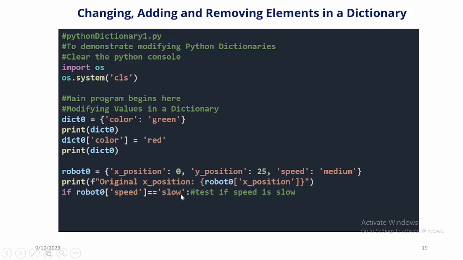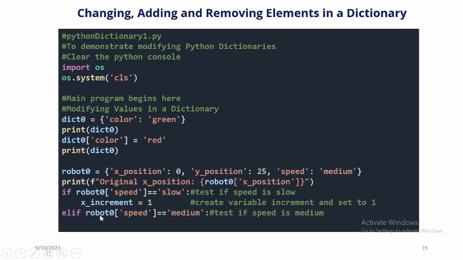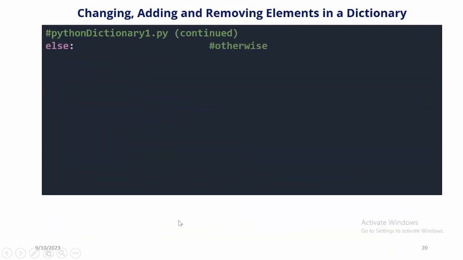If the value of the key speed equals slow, then create a variable called x_increment and set it to 1. Otherwise, if the speed key of robot0 has a value of medium, the variable x_increment should be set to 2. Otherwise, x_increment should be set to 3.